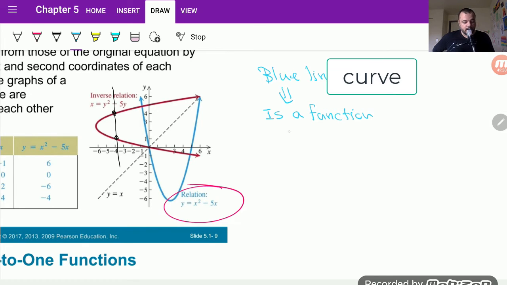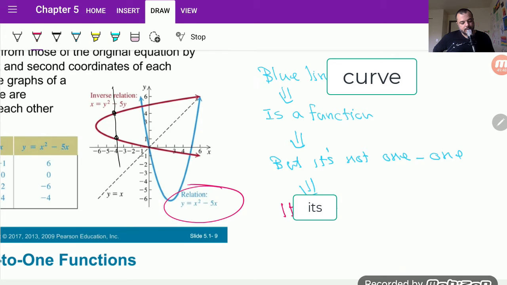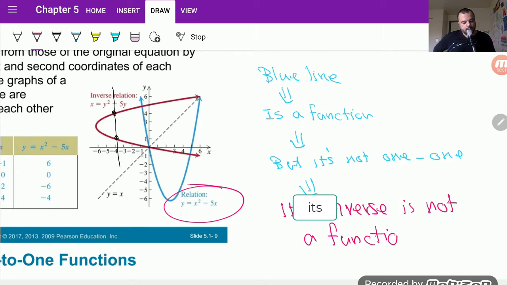Thus, its inverse is not a function at all. Yes, we found the inverse, but it's not a function.